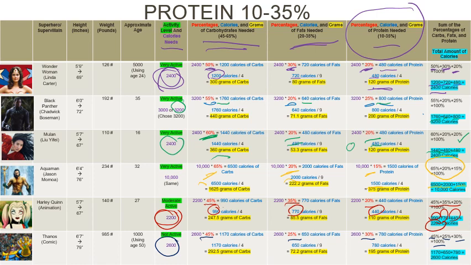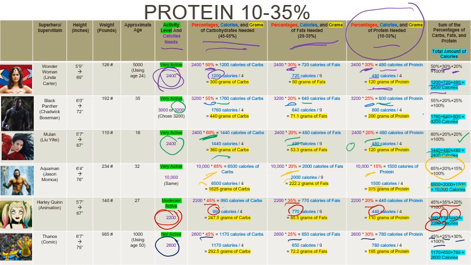So as far as calories for protein, 2,600 times 30% equals 780 calories of protein. 780 calories of protein divided by 4 equals 195 grams of protein.